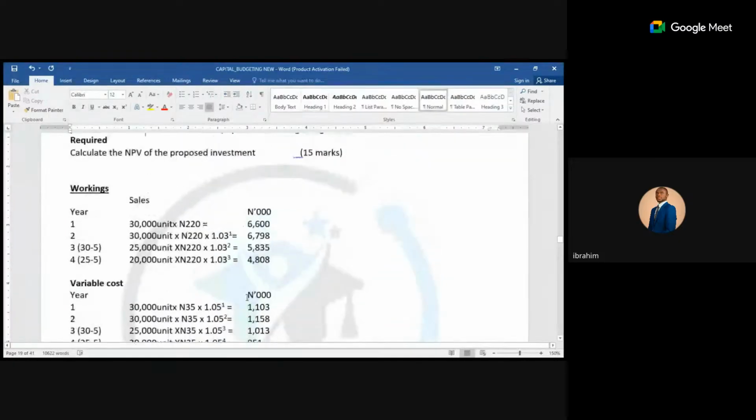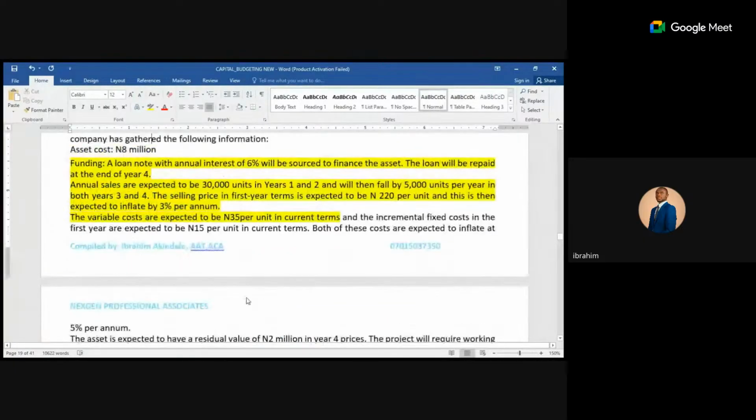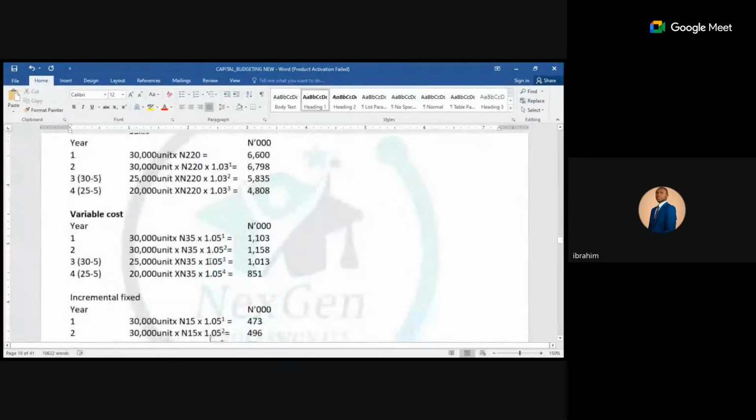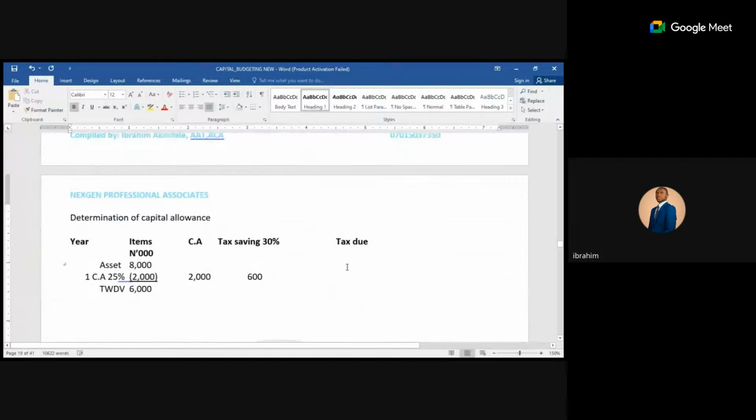Year one will be due in year two. In arrears. So year one will be due in year two.